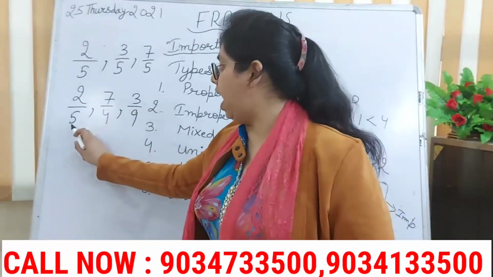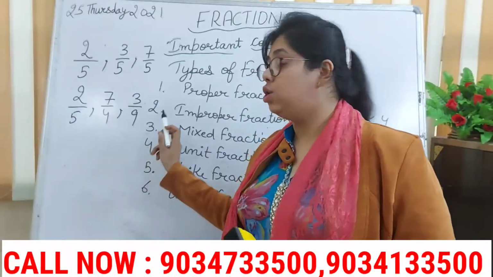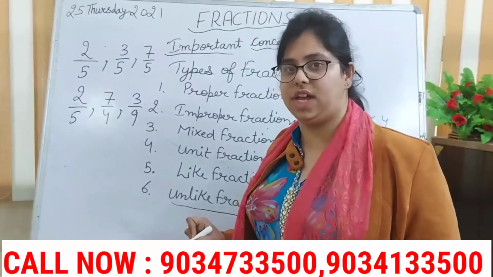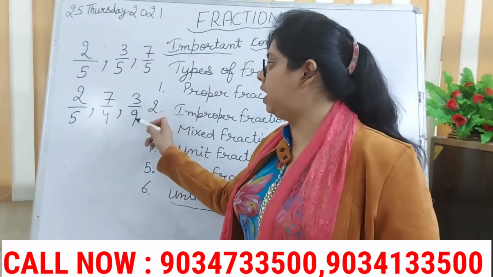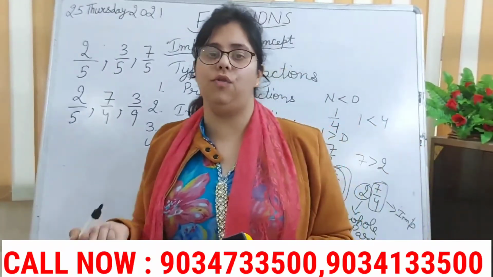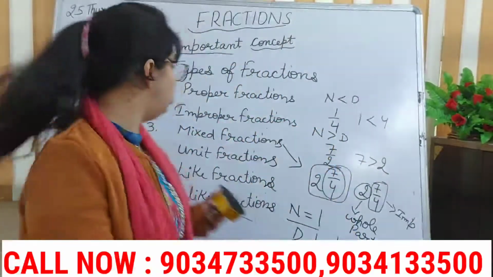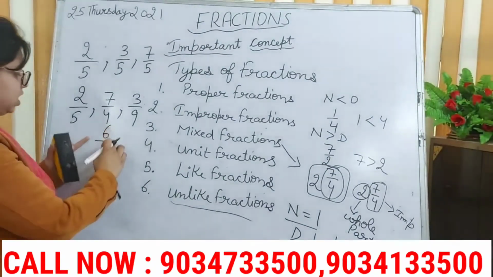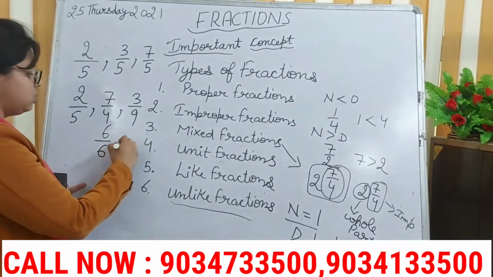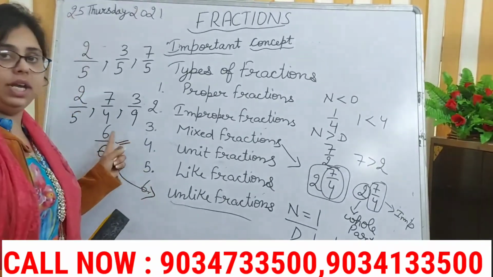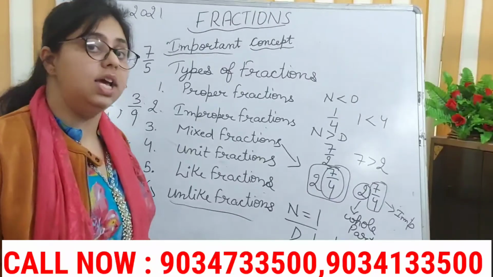Denominators are 5, 4, 9. So unlike fractions are those fractions in which numerators and denominators are different. One more type of unlike fraction is where the numerator and denominator can be equal, as 6 by 6 which I write here. This is also a type of unlike fraction in which the numerator and denominator are both the same.